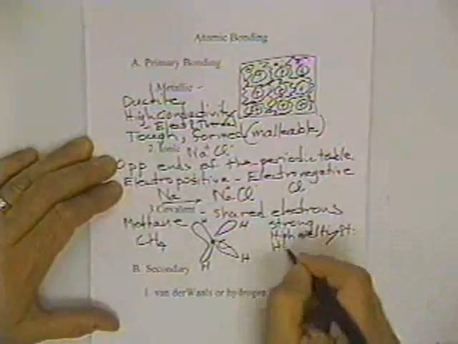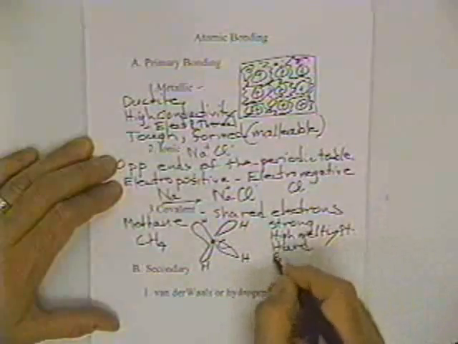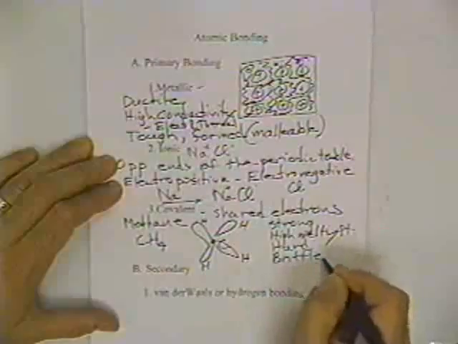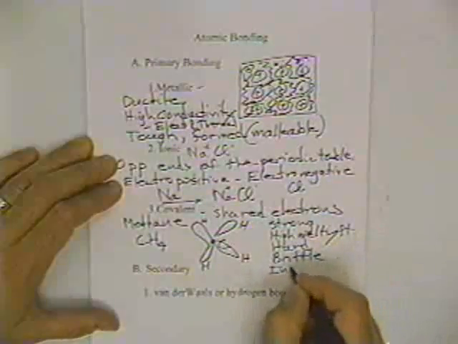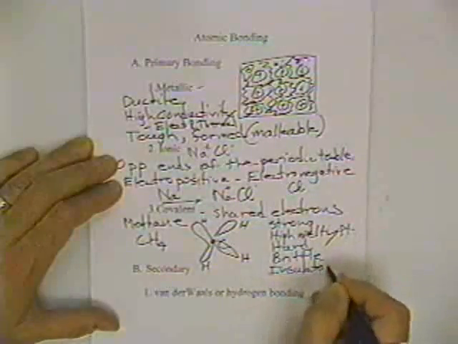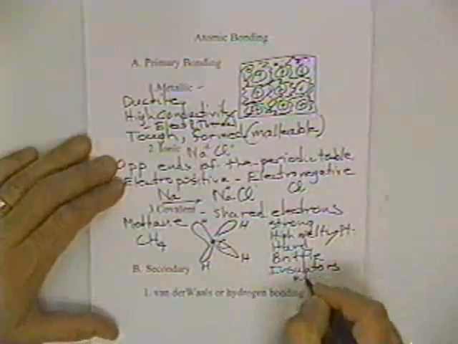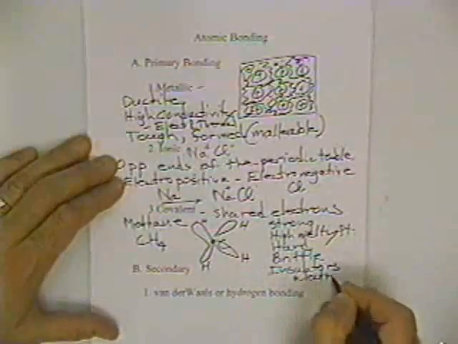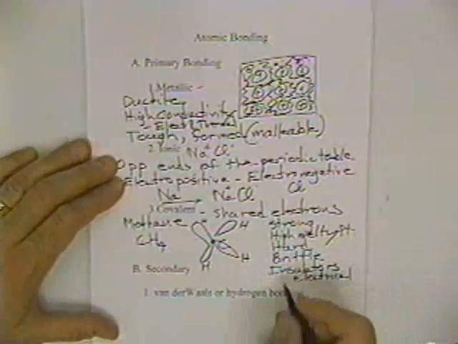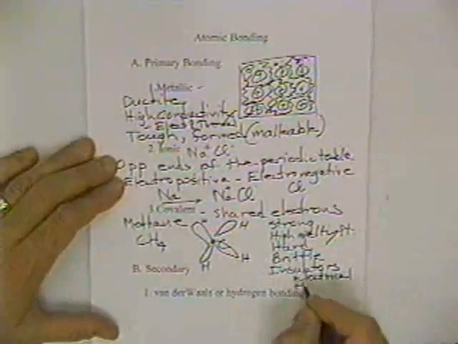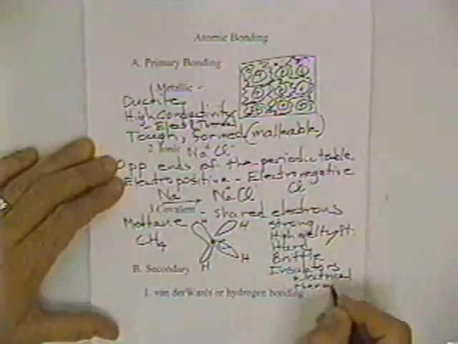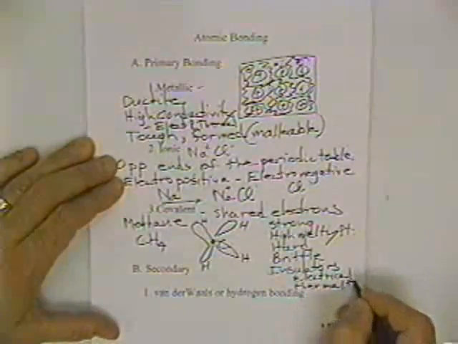High melting points. They are hard, they are brittle, and they are insulators. Now this is an interesting category. All of them are electrical insulators, and most are thermal insulators.